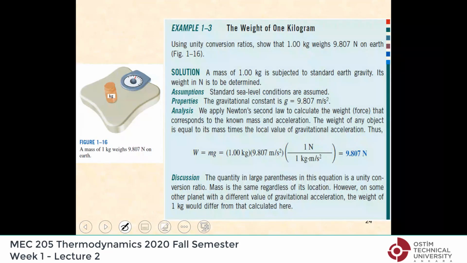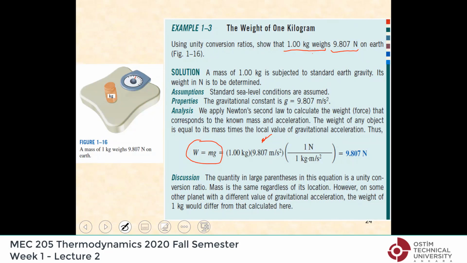Now, as a little example on unit conversions again, the question here shows that 1 kilogram of mass weighs 9.807 on Earth. Okay, so we simply use this formula. Weight is mg. Mass is 1 kilogram, and g is 9.807 at sea level, the standard value.